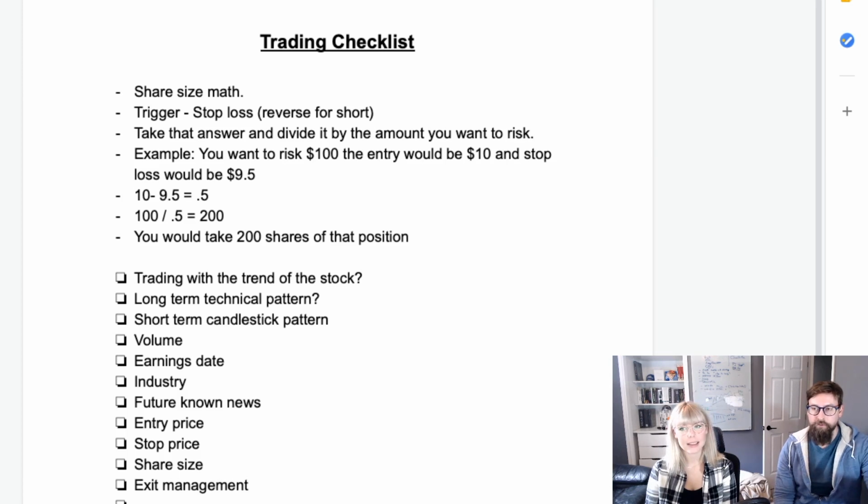I very much recommend, if you have to buy another monitor just for this, do it, so you have this up at all times while you're trading. This is what I'm going to do to make sure that every single trade you take has this kind of thought process put in.